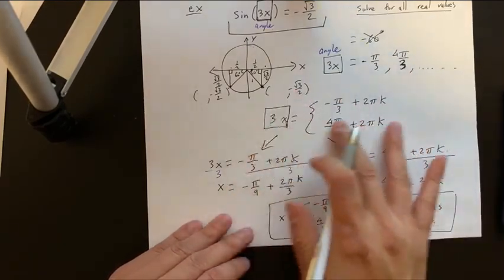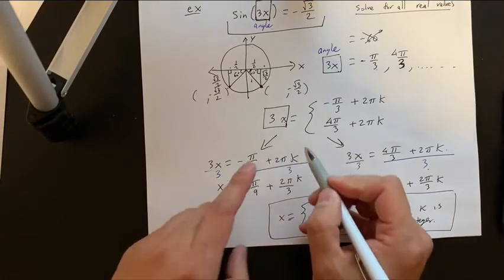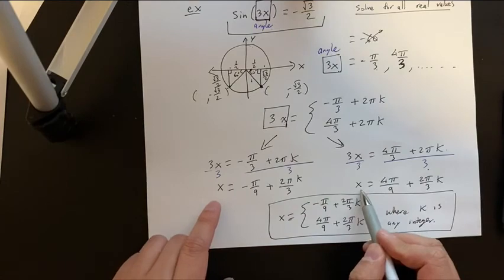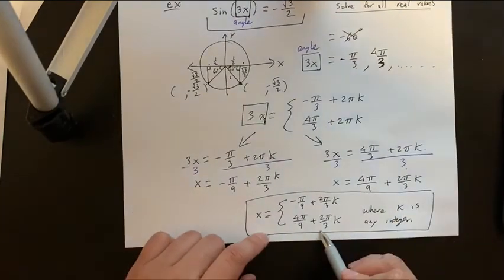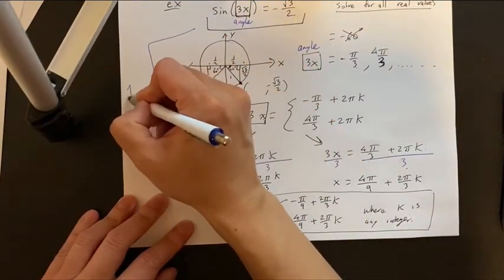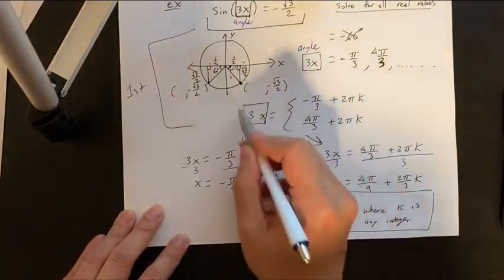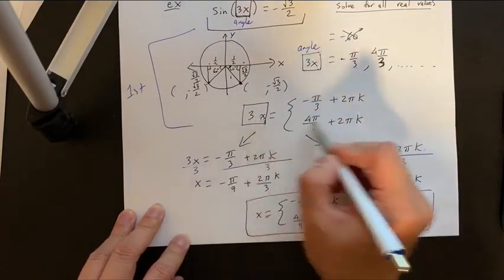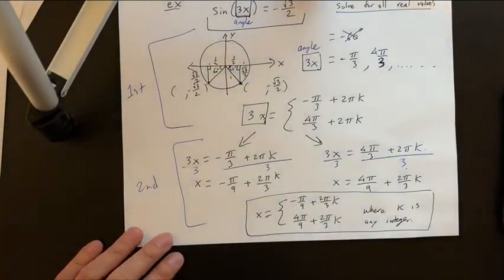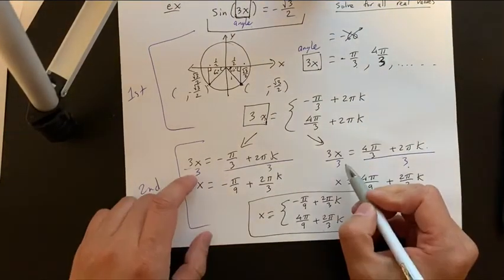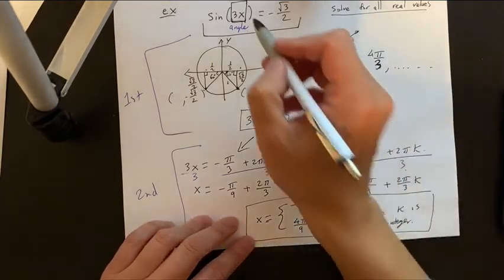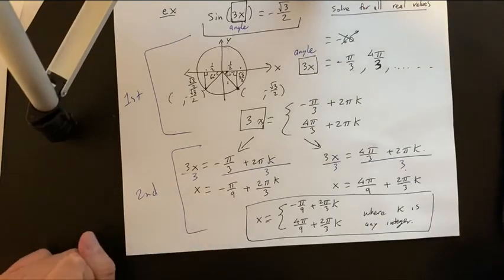So once I have all the angles, which is 3x, I divide all the angles by 3, and that will give me the solution set for x. Okay, so this is the first step, first half. And once I solve for all the angles, which is my 3x, I complete my second half by dividing out the 3, and that'll give me the set of all x values that will satisfy this trig equation.